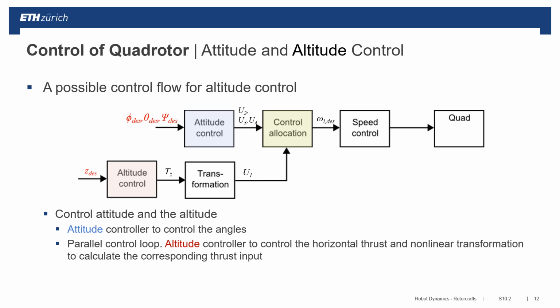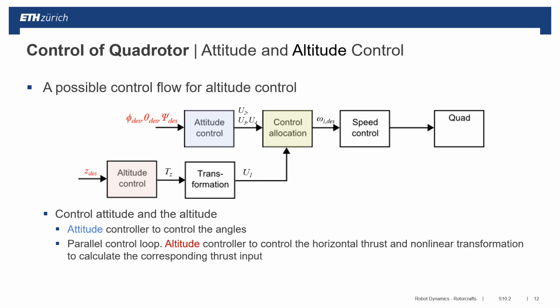On the other line you have the desired set value, which is the height, and this together with the altitude control will give a thrust, and then this can be transformed into the virtual controller U1.